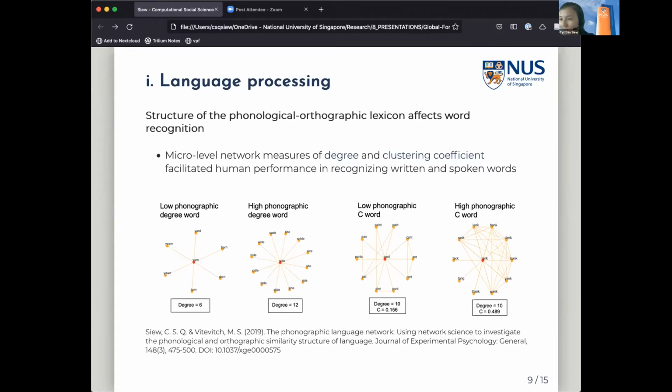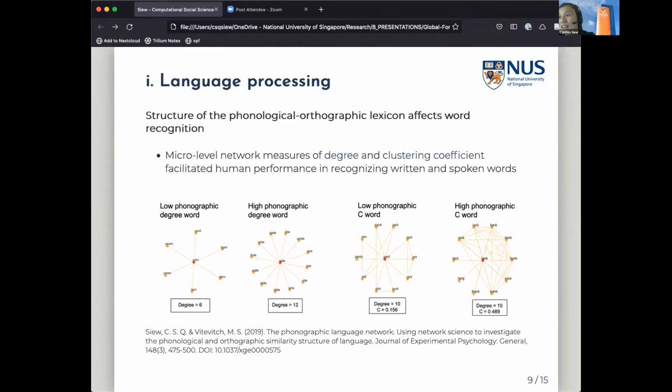Now the second one is clustering coefficient. And this is really cool. It's basically a measure of whether your friends are also friends with each other. If your friends are all friends with each other, you all hang out, you all do things together, there will be a connection between your friend A and friend B, and that repeats across all of your friends. Then you would have a social network that looks like a high clustering coefficient neighborhood, like the rightmost word on the screen.